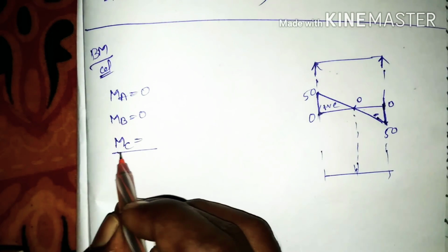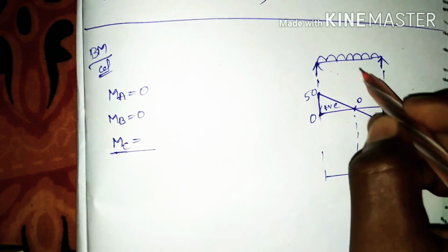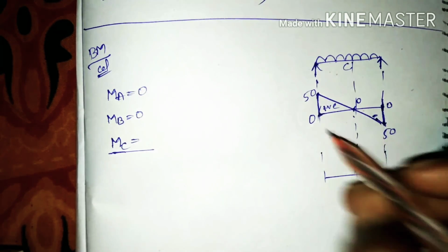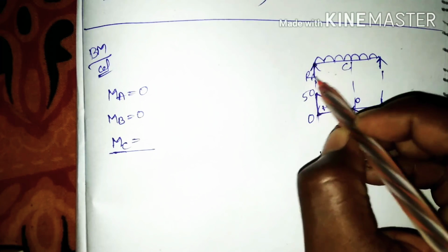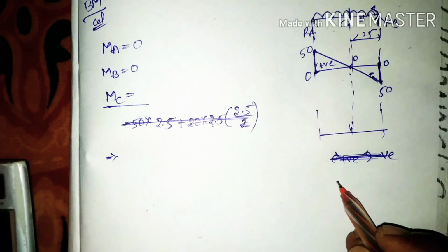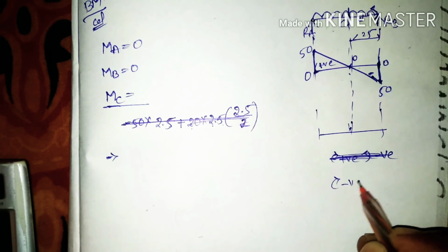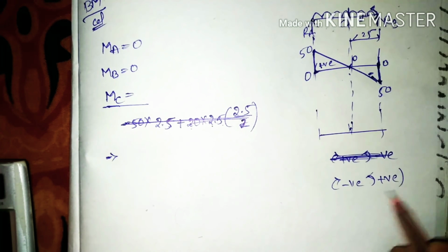For the moment about C, we are going to take the values. Here it is C. Either you can take from RA or from RB. Let us consider clockwise as negative and anti-clockwise as positive.